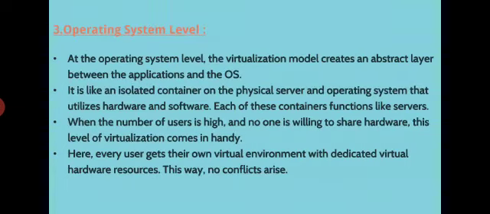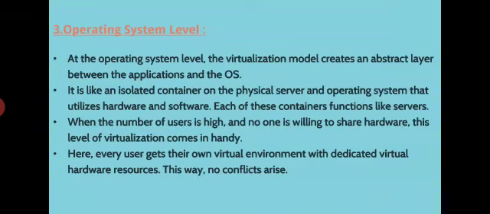Next, the third level is a very important level. It's nothing but the operating system level. At the operating system level, the virtualization model creates an abstraction layer between the applications and the operating system. It is like an isolated container on the physical server and operating system that utilizes hardware and software.